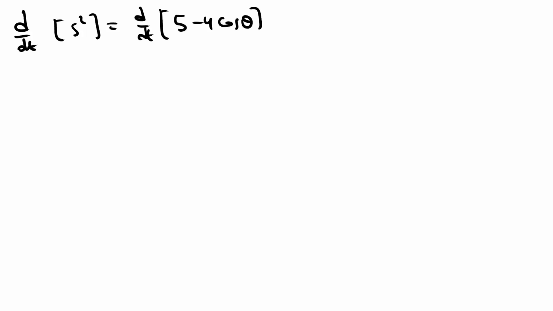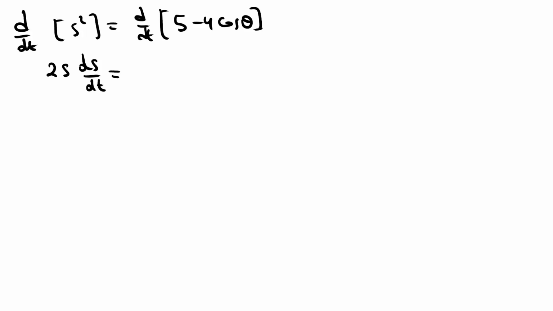So d by dt of S square, and d by dt of 5 minus 4 cosine theta. The first part makes 2S dS by dt.